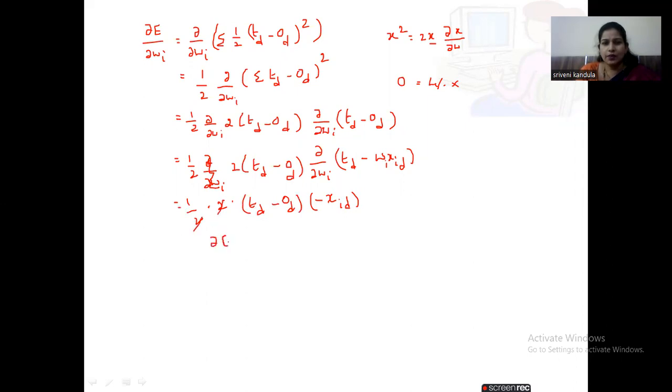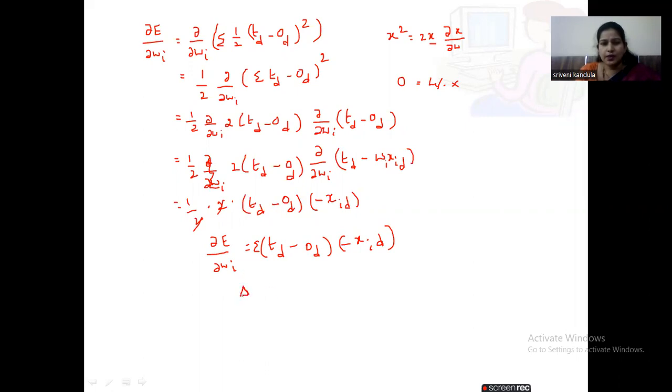Finally, what we have obtained is ∂E/∂Wi equals the summation of (Td minus Od) multiplied with minus Xid. This is the value of ∂E/∂Wi.